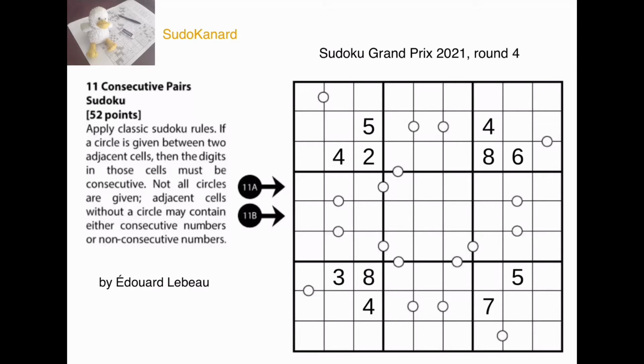And it's not the consecutive Sudoku where there is a negative rule. I mean by that when you don't have a circle between two cells, it has no implication. Those two cells may be consecutive or non-consecutive. Only this condition has to hold.